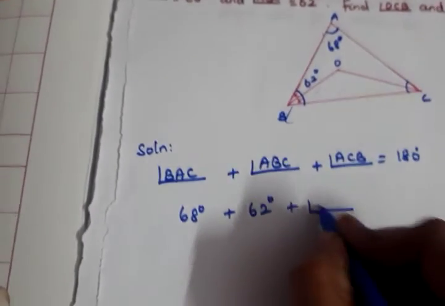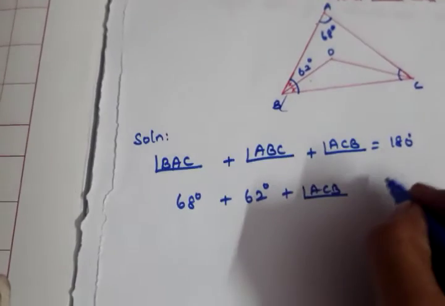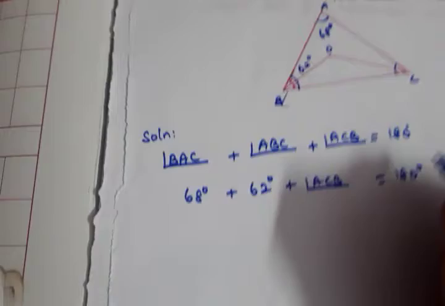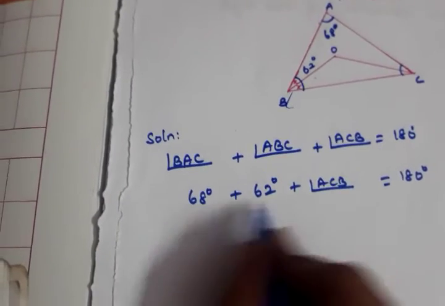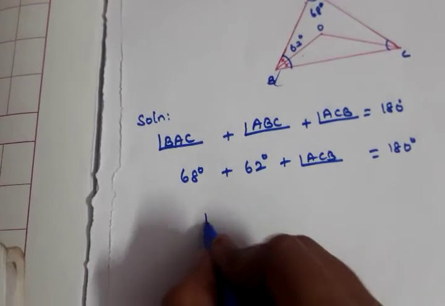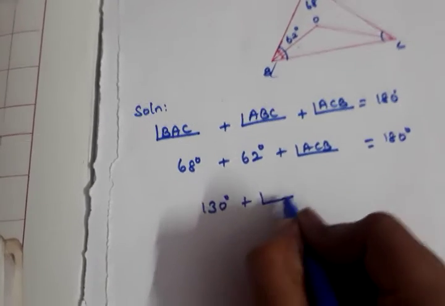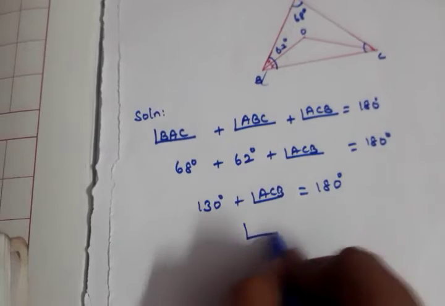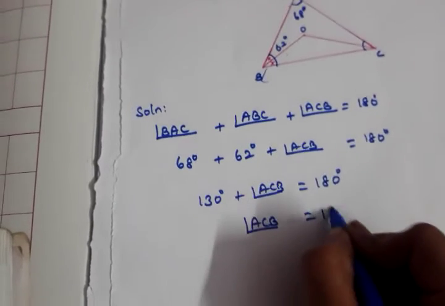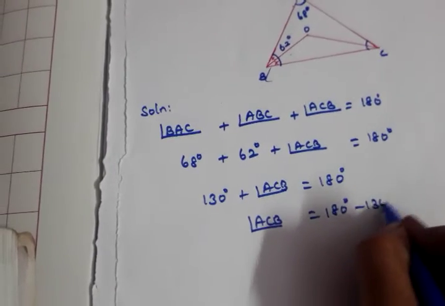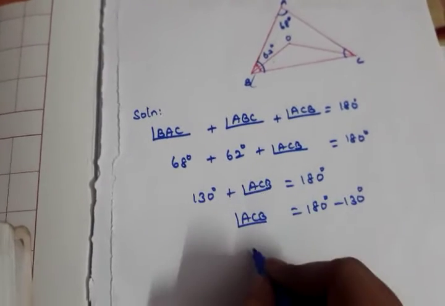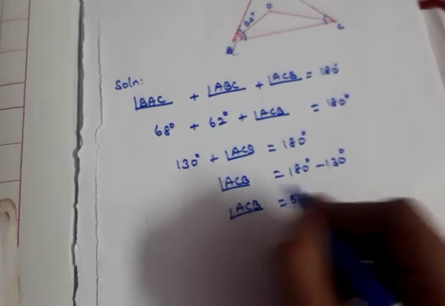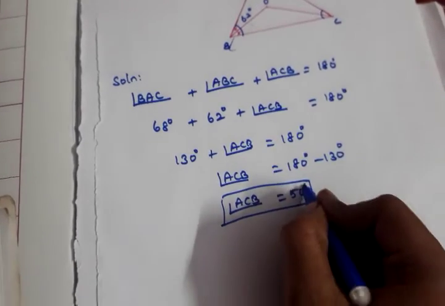So angle ACB equals 180 degrees minus 130 degrees, which is 50 degrees. So angle C equals 50 degrees.